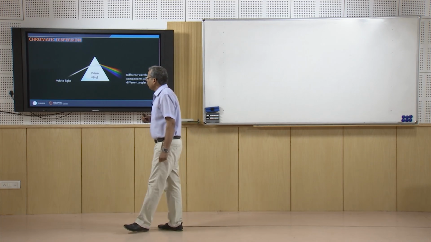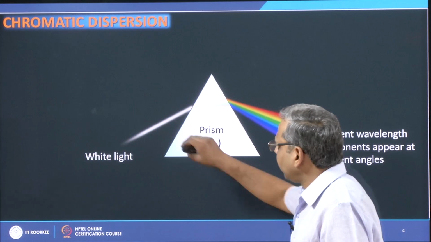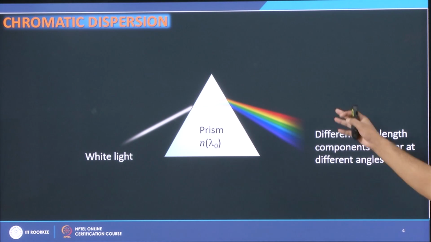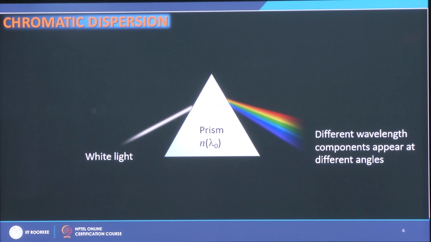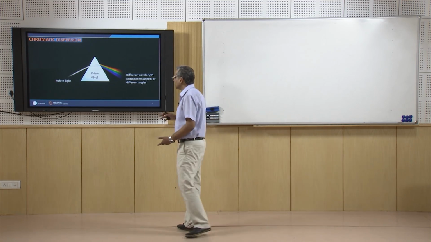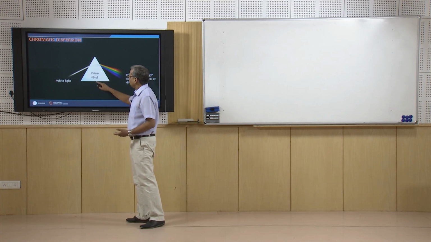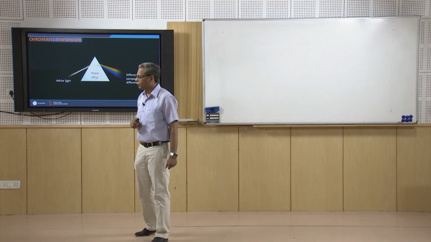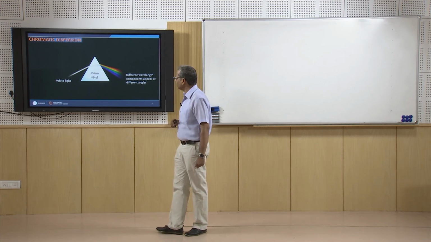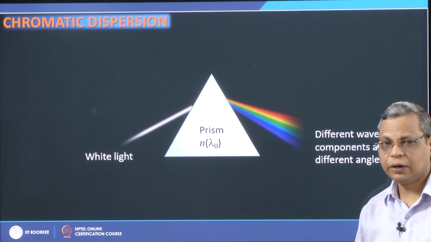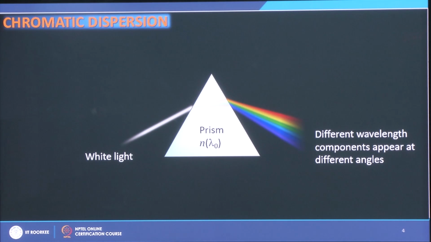I know that if I launch a beam of white light into a prism, then I see dispersion, various colors appearing at various angles, and this is purely due to the wavelength dependence of refractive index of the material of the prism, and the geometry of the prism enables these different colors coming out at different angles. This is known as chromatic dispersion.